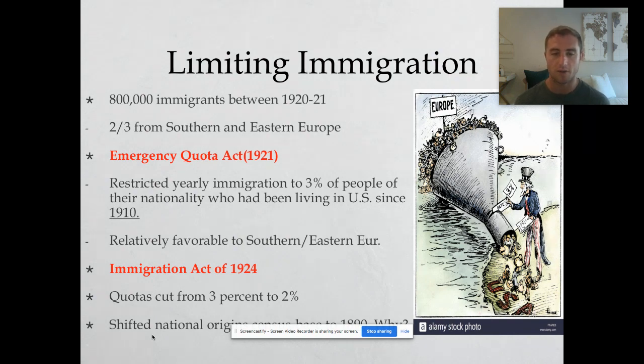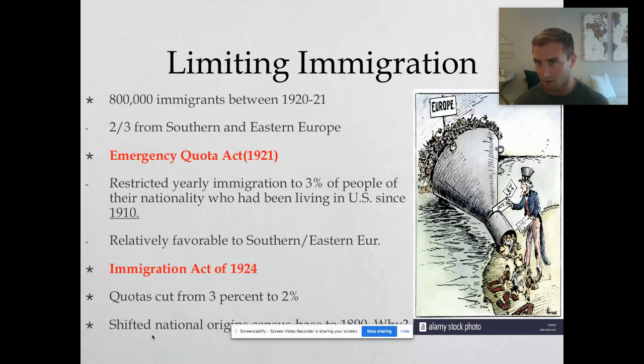So what that means is if you have immigration, let's say, coming from Great Britain, the United States is going to use the census of 1910. How many people do we have of that nationality living here? There's a huge amount of people of that nationality, and therefore we're going to allow 3% more to come in annually every year.